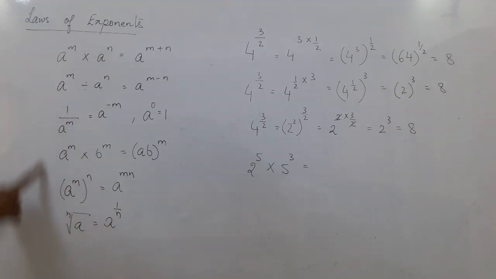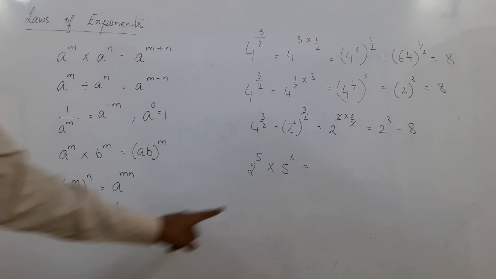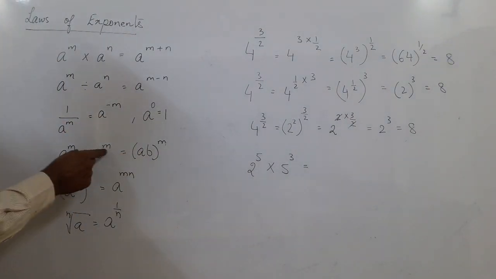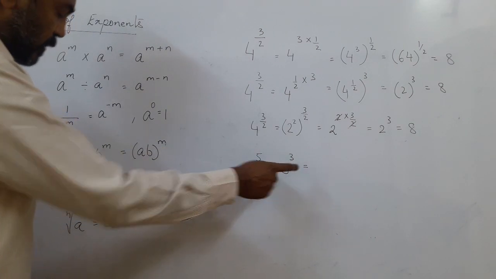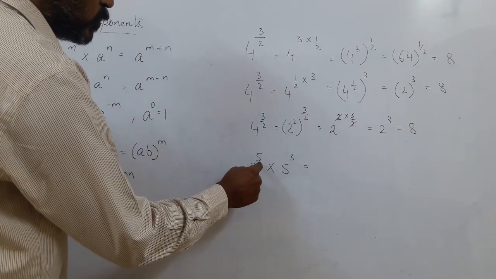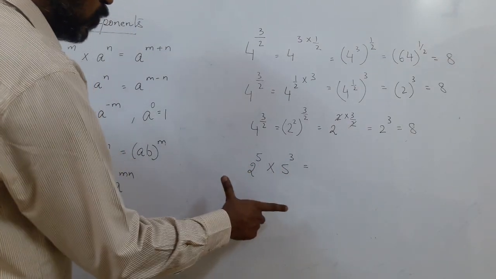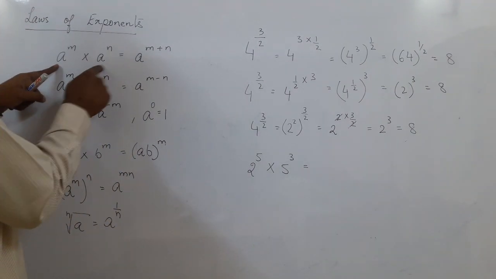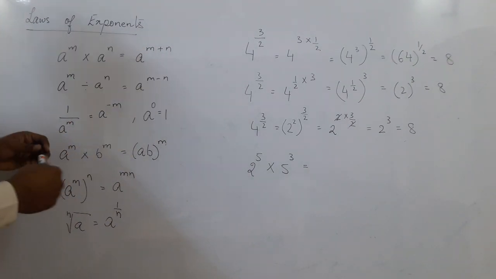But how will we make it simpler this way? You can say it's 5 raised to 3. So if you want to make the powers the same, which is the smaller power? 3. And the bigger power is 5. I want to make the powers the same. So this power I will break up into two forms. How can I break this up? You know, keep the base the same and the powers are added.